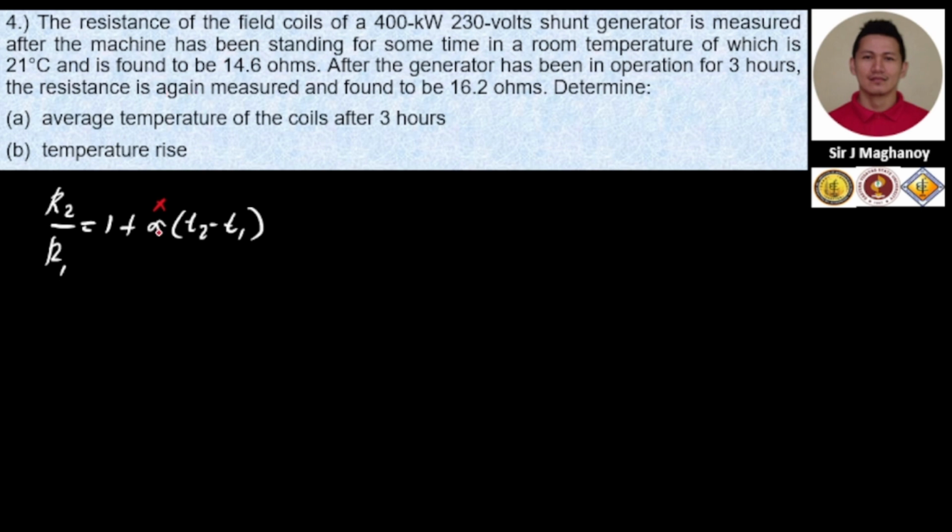So, let's determine our temperature coefficient with respect to our initial temperature, which is 21. Okay? So, doing that, our temperature coefficient is equal to 1 all over T plus the initial temperature, where T is equal to 234.5. So 1 over 234.5 plus 21.